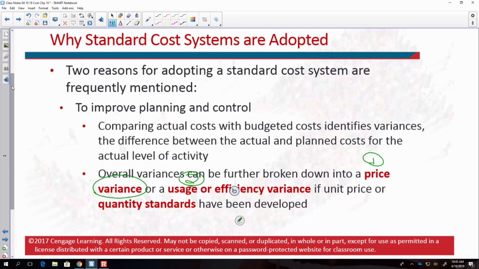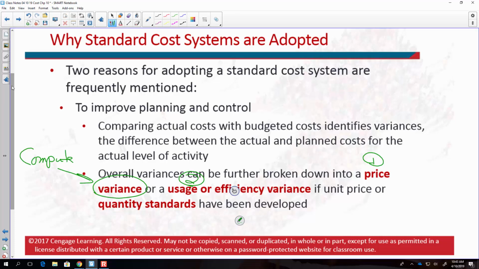And you'll see those variance words on the templates that I handed out. So you'll have a material template, and then underneath it a labor template. Our job in Chapter 10 is to compute these 4 different types of variances. There are 2 for material, and 2 for labor.